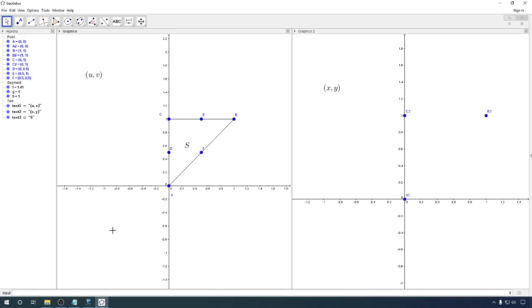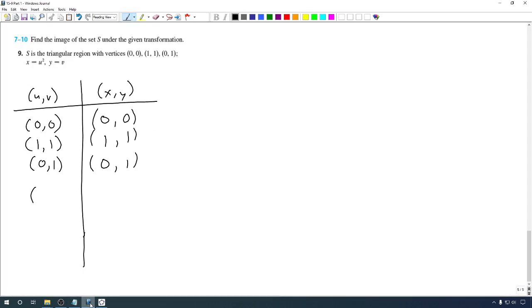Those are all points on the boundary. What happens to those points when we put them through these formulas? So 0, 1/2, our first coordinate is going to be the first coordinate of this one squared, so 0 squared is 0. But our second coordinate is just going to be the second coordinate that we have there. So that just stays as 1/2.